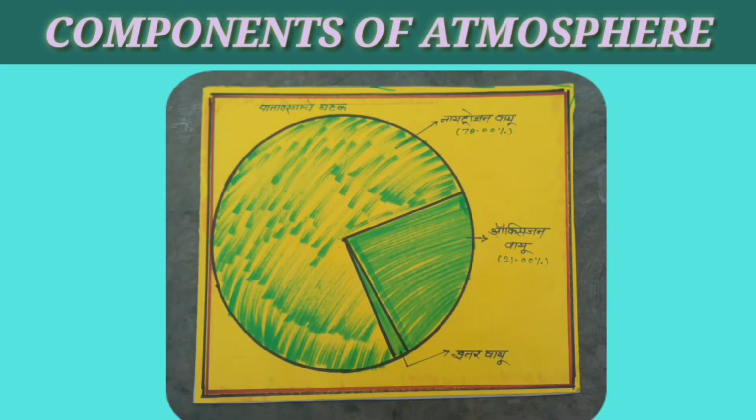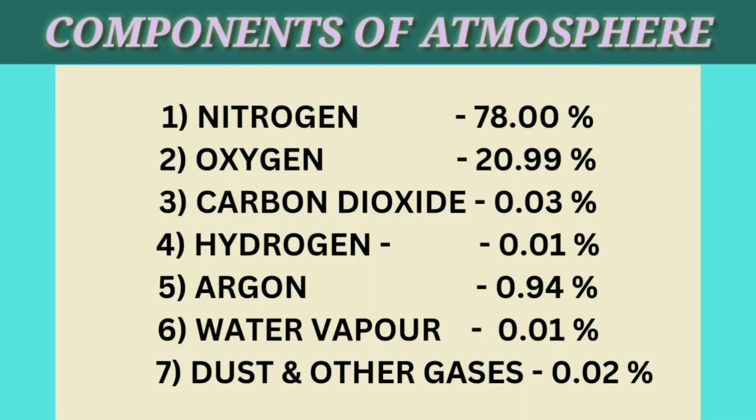Atmosphere contains 78% nitrogen gas. Nitrogen gas provides strength and nutrients to all the organisms. Air contains 20.99% oxygen gas.